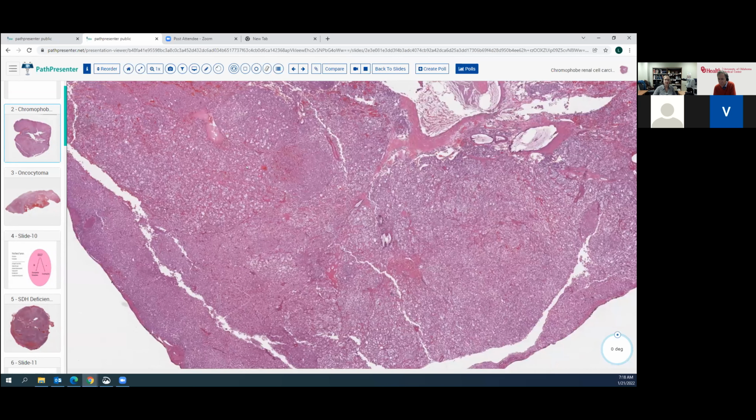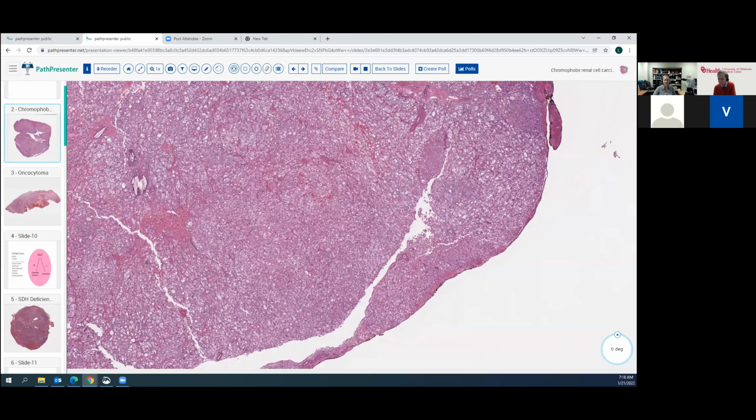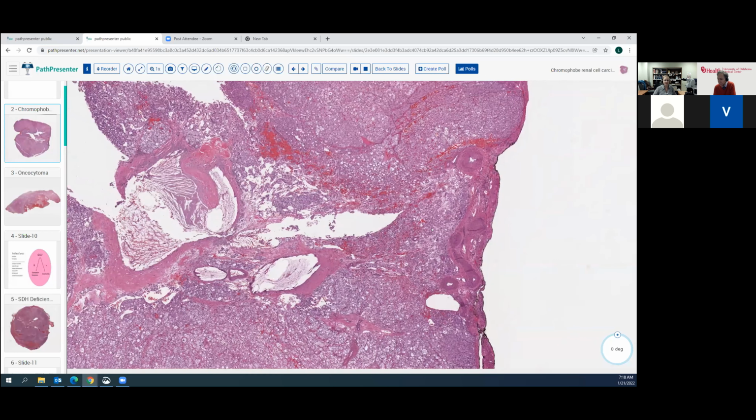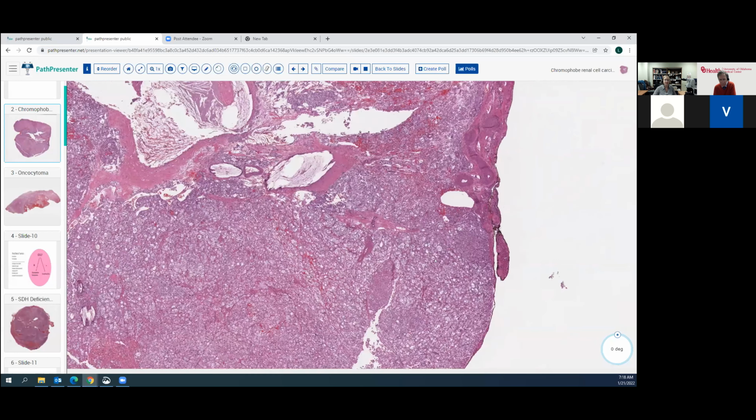Okay, so low power, we have a pink tumor. I usually start off by looking at my margins and seeing that this is a partial nephrectomy. We've got some vasculature. Let's keep going around, getting up into the capsule.